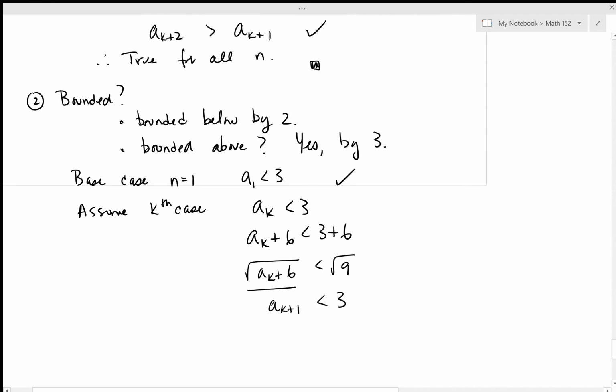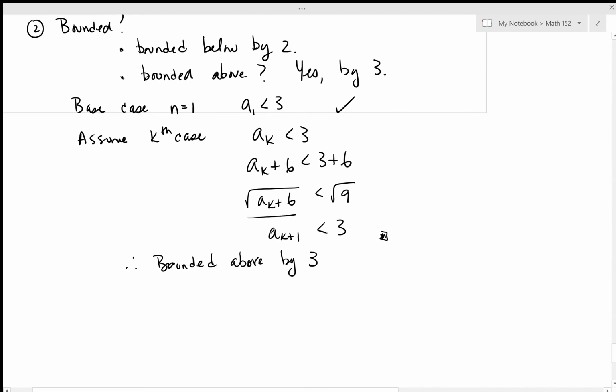So if a_k is less than 3, then a_{k+1} is less than 3. a1 is less than 3, therefore a2 is less than 3. a2 is less than 3, therefore a3 is less than 3, and so on, and therefore I am done. It's bounded above by 3. Okay, so now I have a sequence which is increasing and bounded.